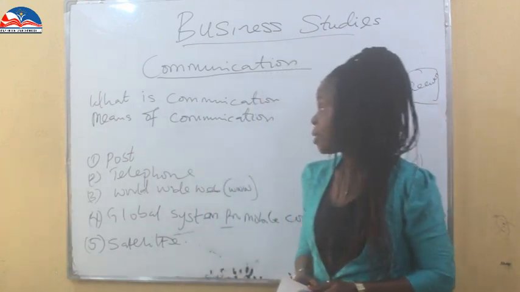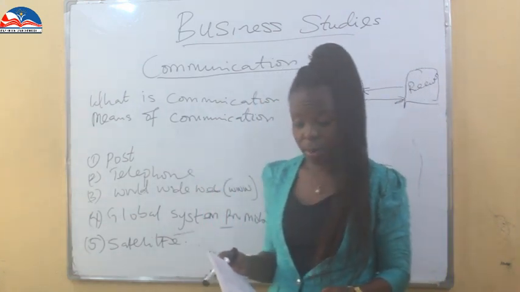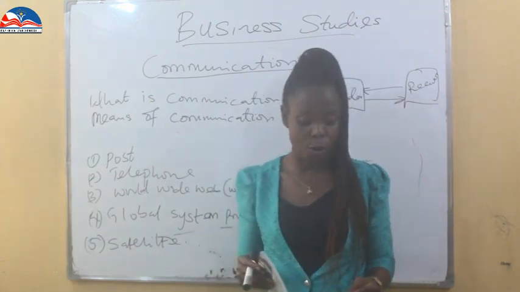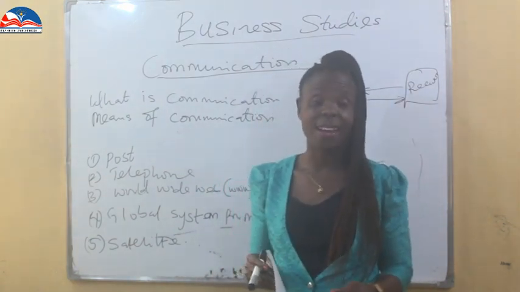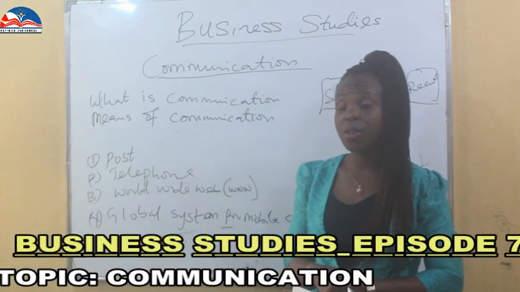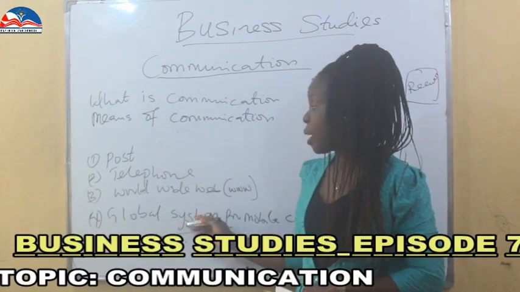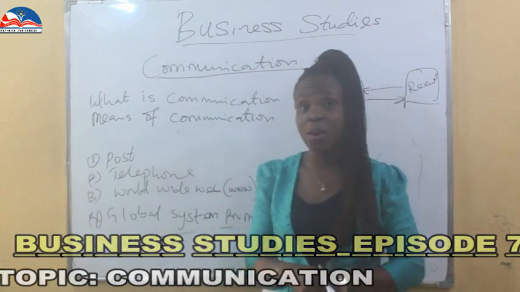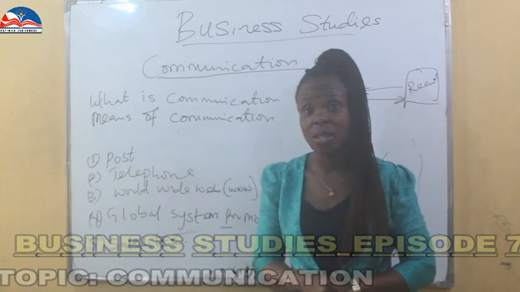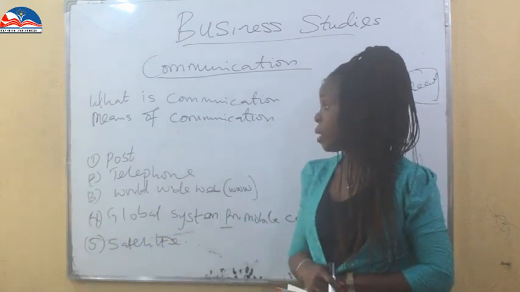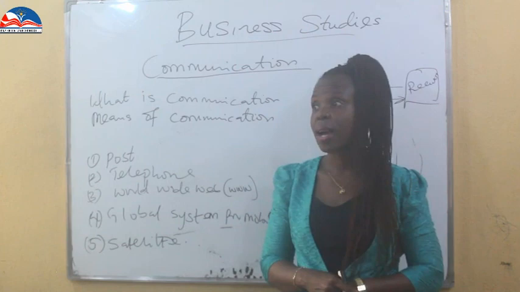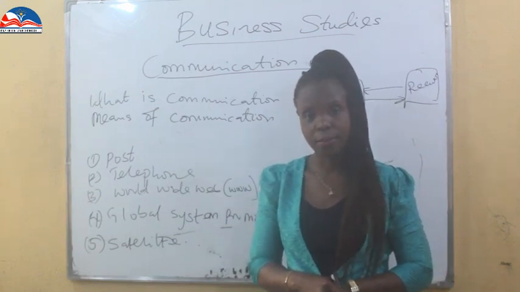Then another one is telephone. When we talk about this, it is a system for talking to somebody far away or near using wires. And you want to differentiate between telephone and this wireless system. Telephone, there must be wire attached to it, but in the other one, there is no wire attached to it.